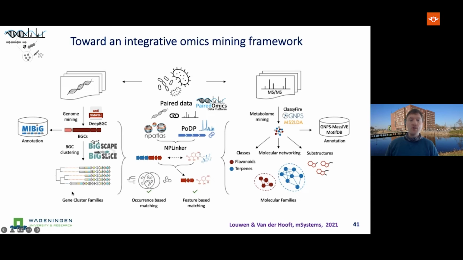We also see tools to cluster and group gene clusters like BiG-SCAPE and BiG-SLICE, again spearheaded by Dr. Marnix Medema, and you know, the molecular networking we discussed, and MS2LDA we discussed. And then we can try to bring that together, and the first examples of platforms to do that in a systematic way are MP-Linker and MP-Omics.